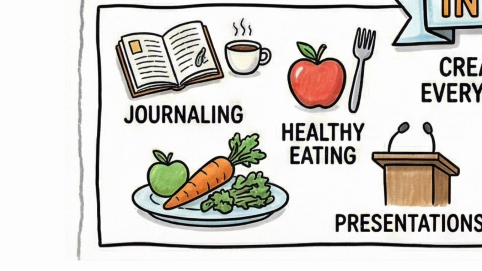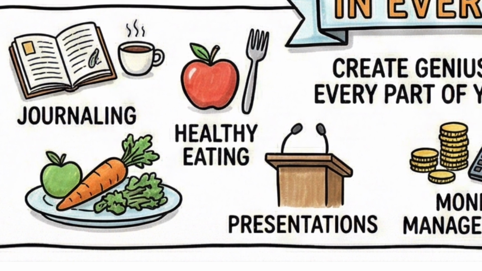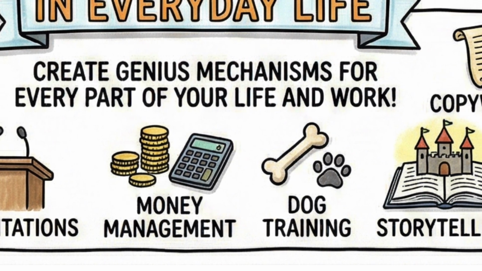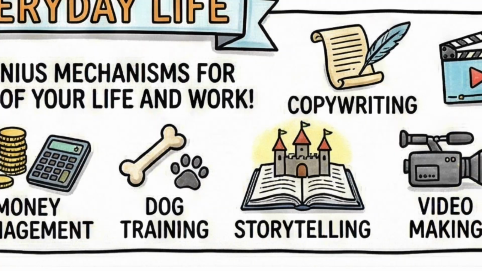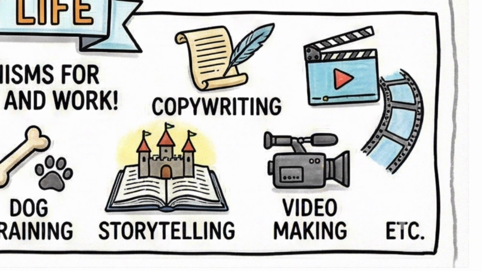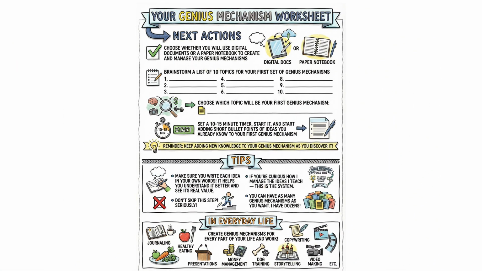If you are learning how to eat healthy, you're learning ideas, tips, and strategies, create a genius mechanism for that. Presentations, giving a presentation, managing your money, dog training if you're into that, maybe storytelling or copywriting, video making, whatever it may be, create a genius mechanism for each one of those topics and put this process to work and put it to use.